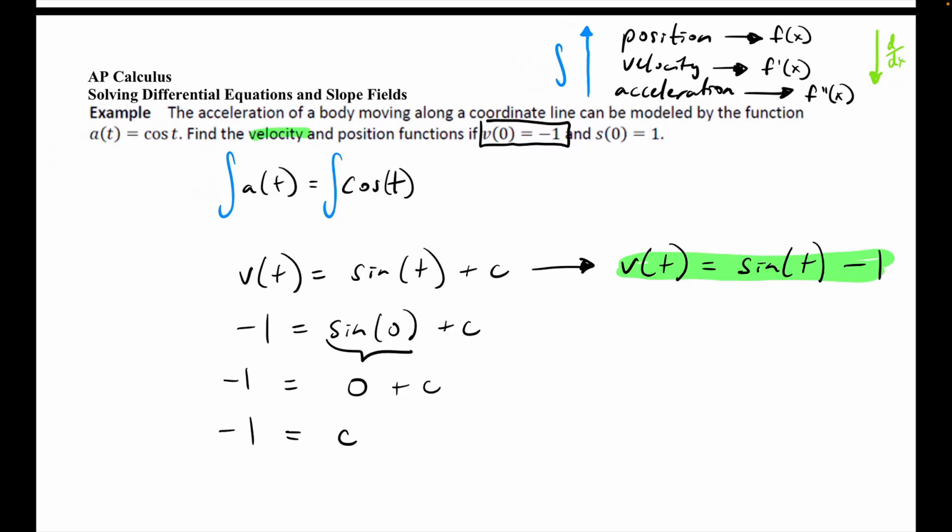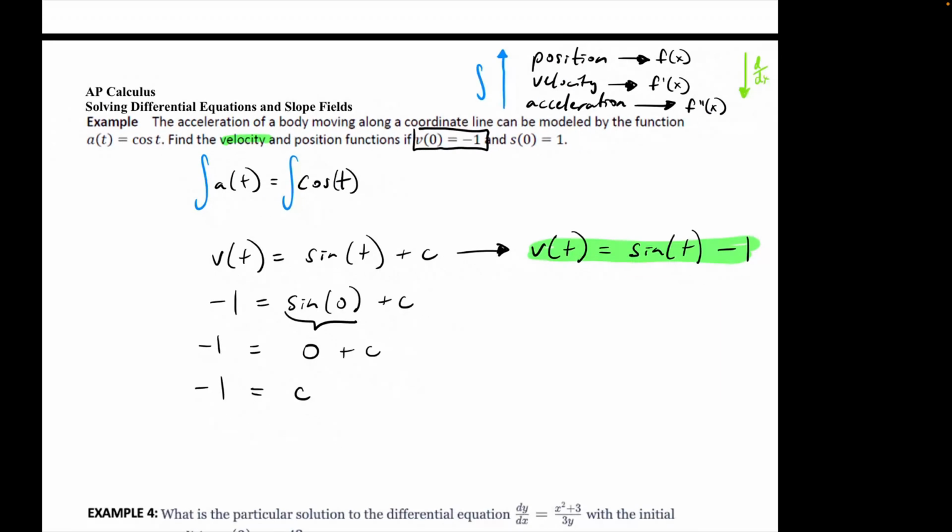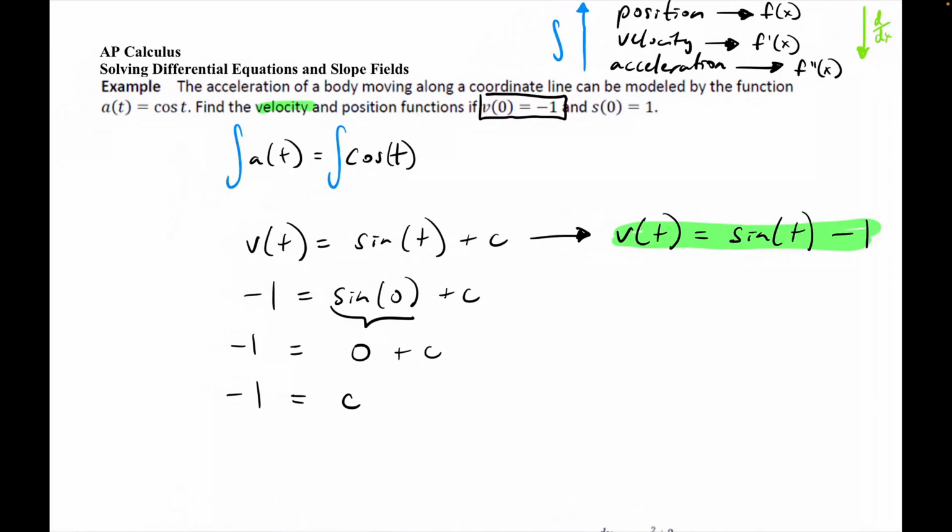All right. Half down. Now we need to find the position.